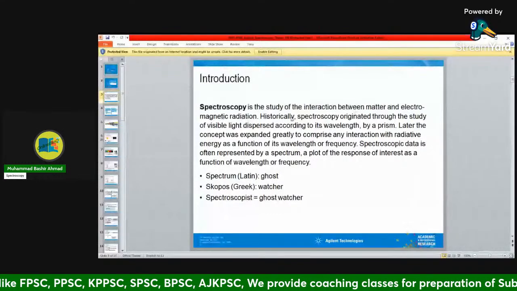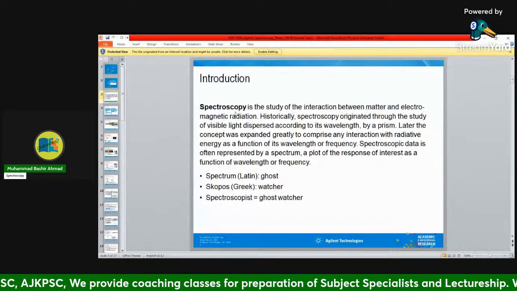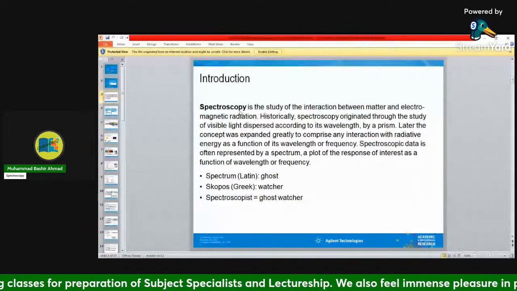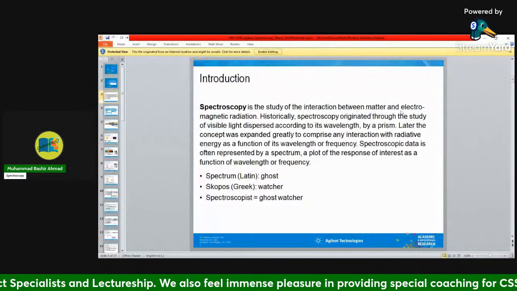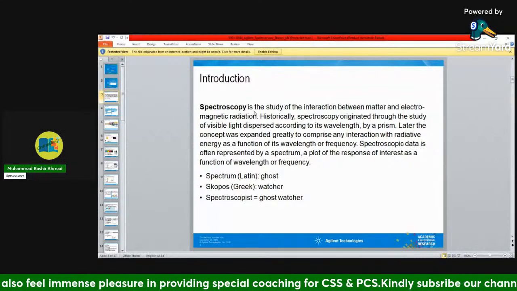The study of these interactive processes between matter and electromagnetic radiation is called spectroscopy.